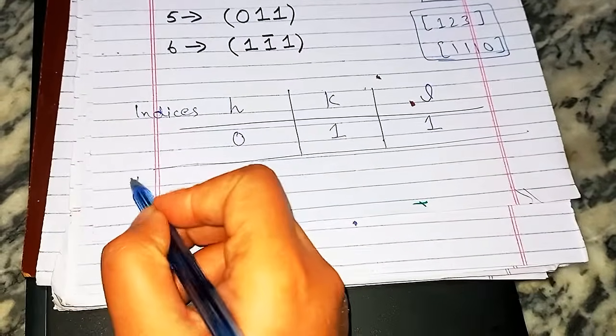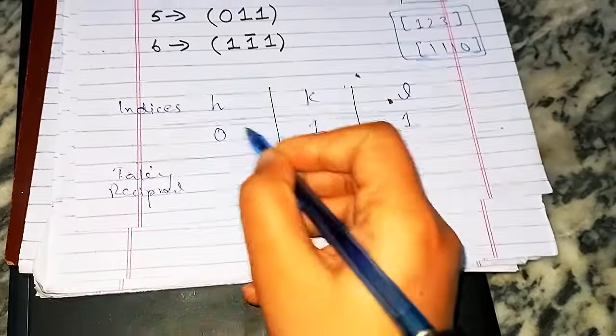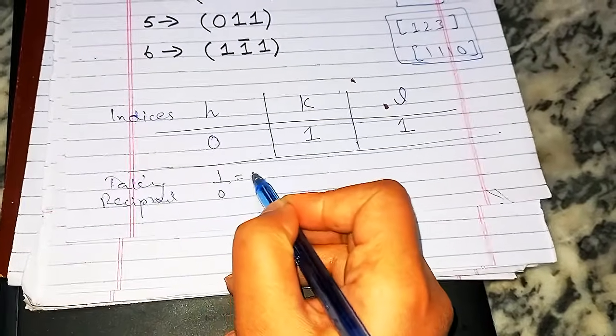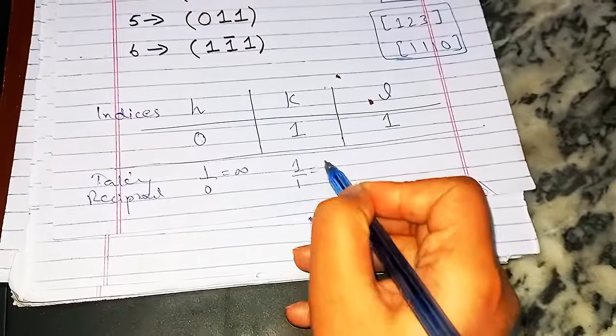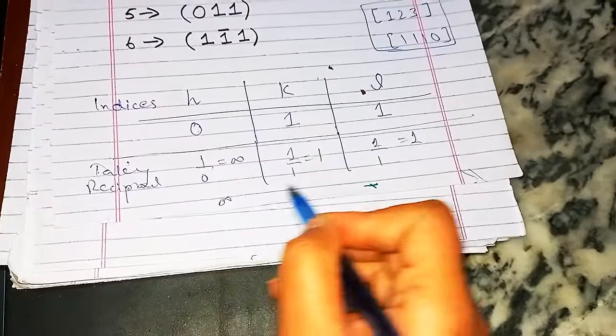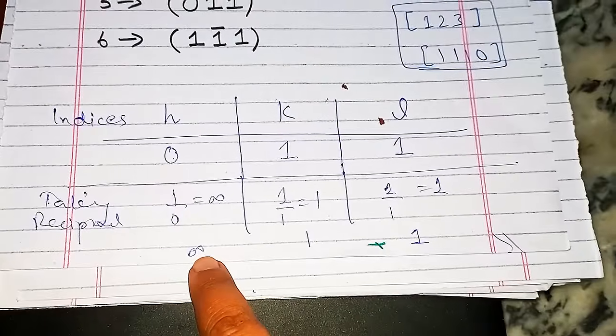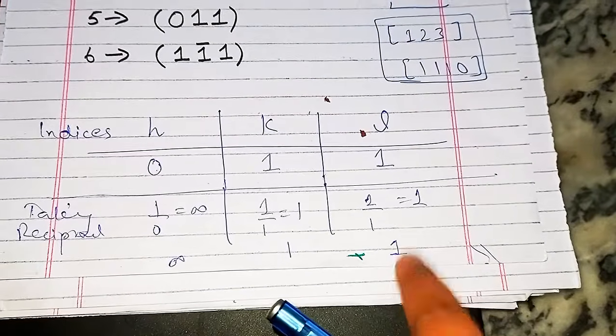These are indices; taking reciprocal, 1 over 0 is infinity, 1 over 1 is 1, and 1 over 1 is again 1. So we get infinity, 1 and 1. This is A1 intercept, A2 intercept, and Z intercept. Keep that in mind.